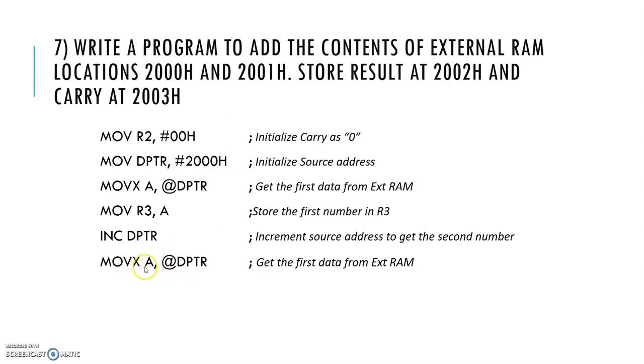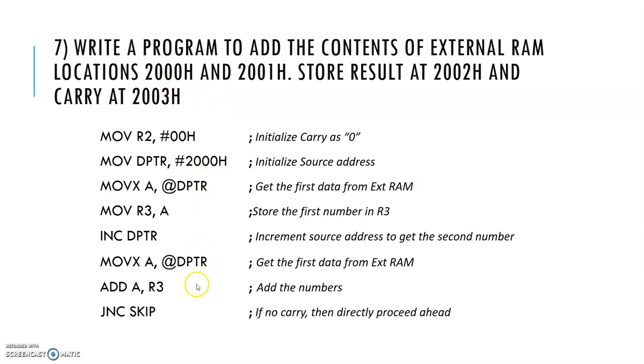So the content is copied to the accumulator register, and we do the addition, that is ADD A, R3. The addition happens between A and R3. A contains the number from the 2001 hex location, and R3 contains the number from the 2000 hex location.